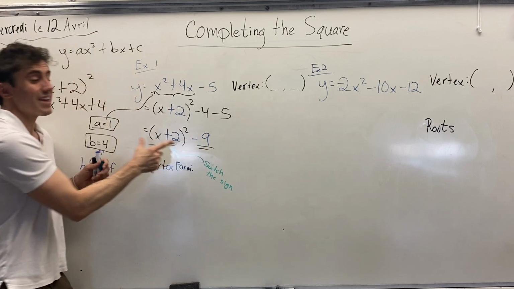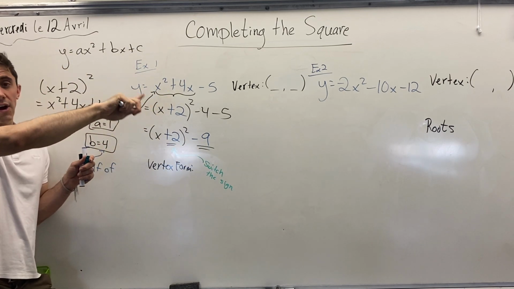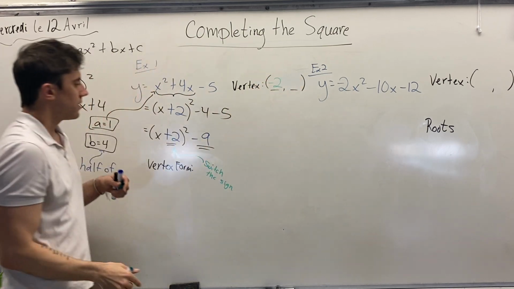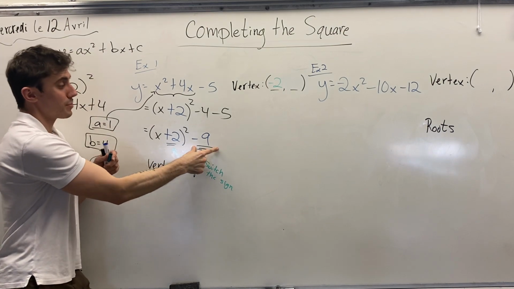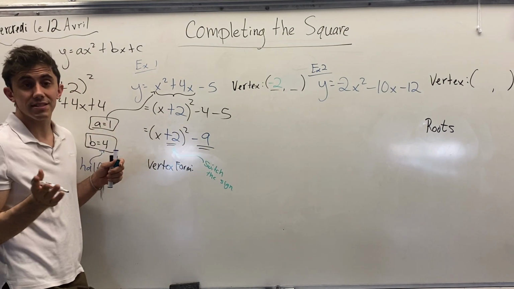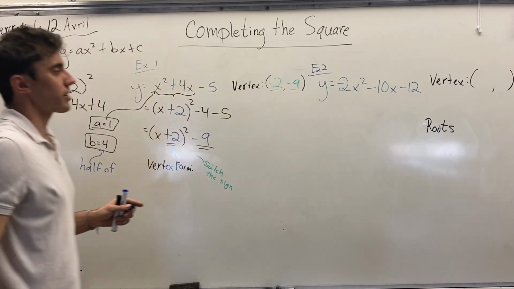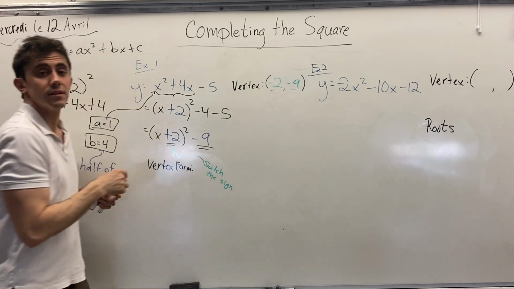And so since we have x plus 2 inside the bracket, the x coordinate of our vertex will then be negative 2. However, the y coordinate of the vertex is simply negative 9. So we keep it the same, and we find our vertex for this quadratic function at negative 2 and negative 9. And that's it. Okay?